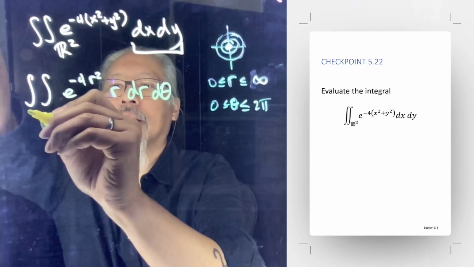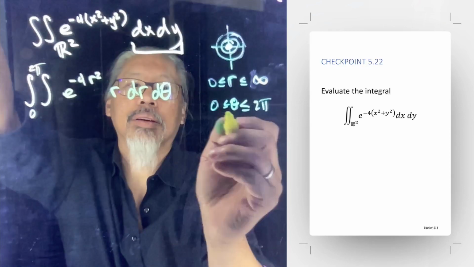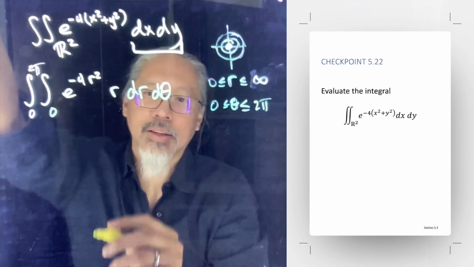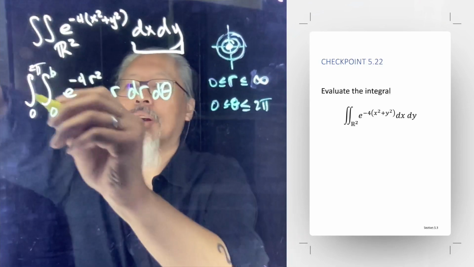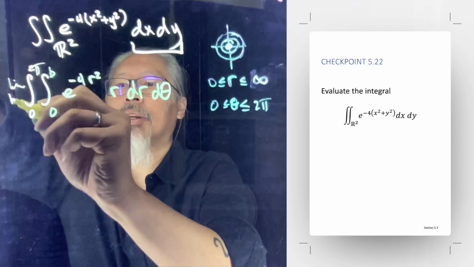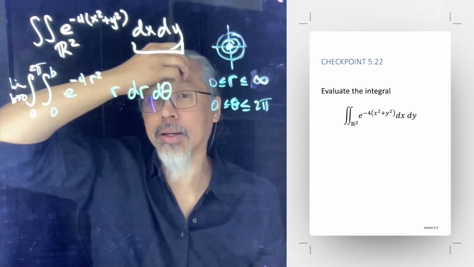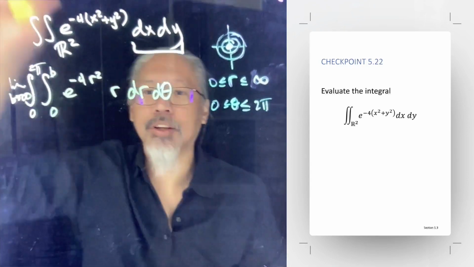Let's put in our theta limits first, going from 0 to 2 pi, and now let's think about what r is. r goes from 0 to infinity, and instead of infinity here, to actually properly treat this as an improper integral, let's take the limit as b approaches 0 of b as the limit there. I'm sorry, b doesn't go to 0, b goes to infinity.